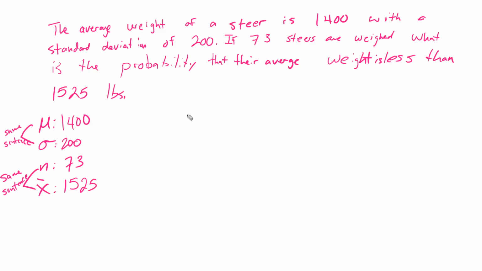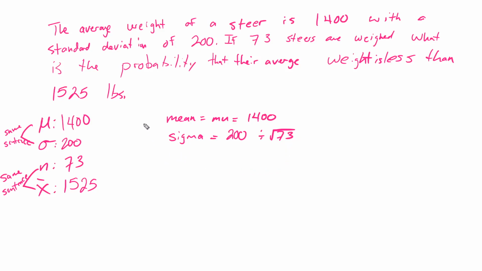So when you put this in your calculator, mean equals mu equals 1,400. Sigma equals 200 divided by the square root of 73.